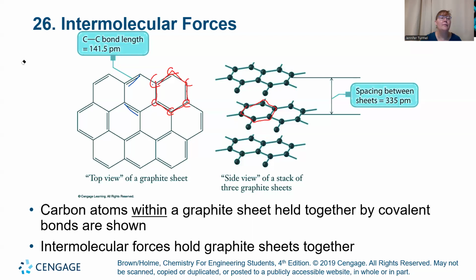What you can see is that you have the space between the sheets, and these sheets are held together through intermolecular forces. And these are just carbon atoms here. And so they're going to be our dispersion forces.